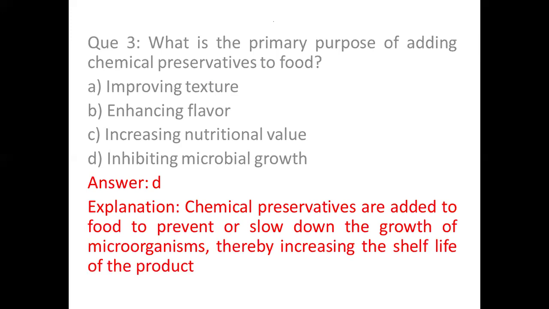So the explanation is chemical preservatives are added to food to prevent or slow down the growth of microorganisms, thereby increasing the shelf life of the product. So microbial growth is directly related to spoilage, which will obviously lead to economic loss of product.